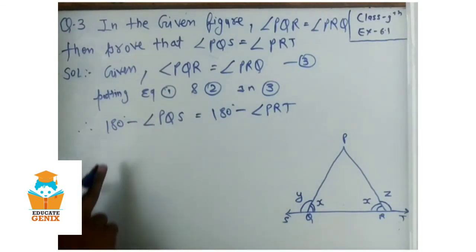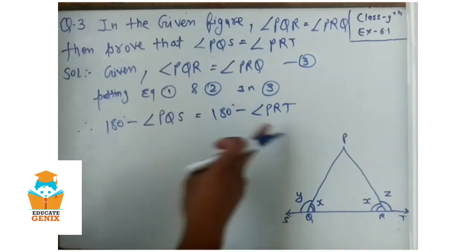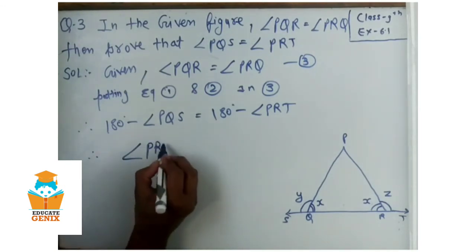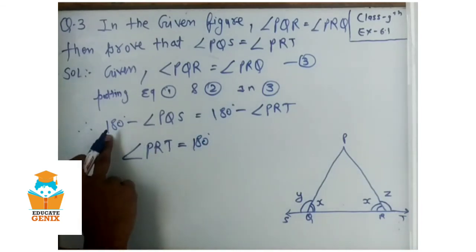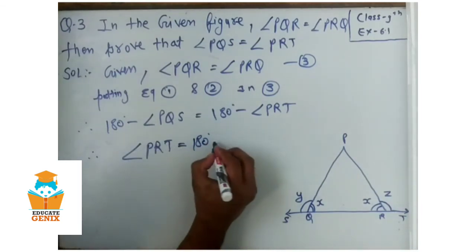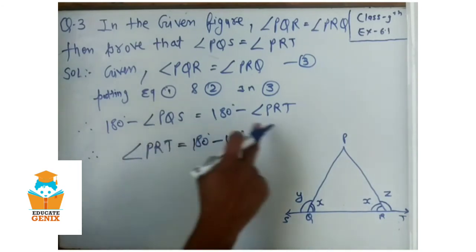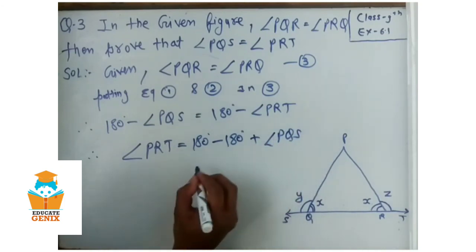Therefore, we are going to shift this 180 degrees to that side, minus angle PQS to that side, and this angle PRT to this side. Therefore, angle PRT equals 180 degrees, this 180 degrees going to this side, therefore minus 180 degrees, and this minus angle PQS shifting to that side becomes plus angle PQS.